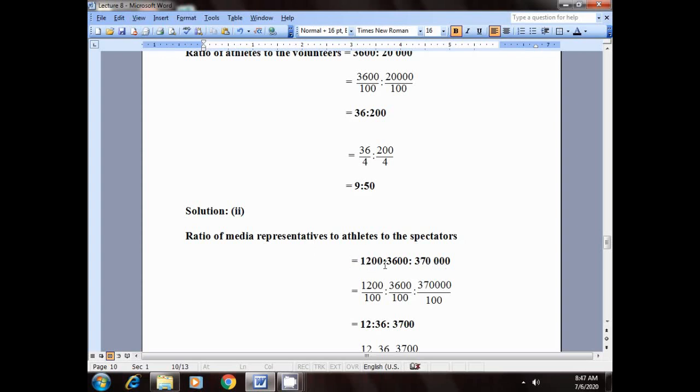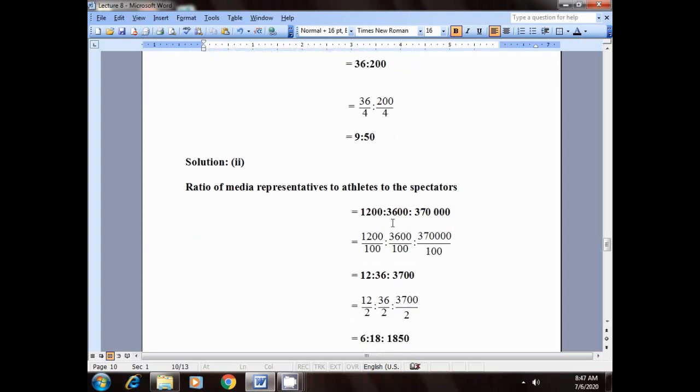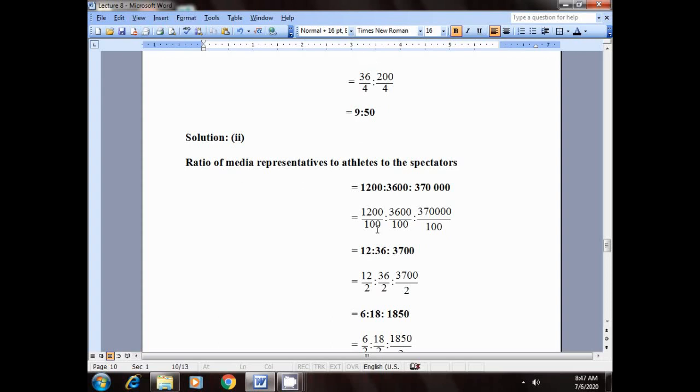Now once again we know that these three quantities are divisible by 100, so let's divide them by 100. These three quantities will be divided by the same number 100. Now if we divide 1,200 by 100, we have the quotient 12. Same as let's divide this 3,600 by 100, the quotient will be 36.